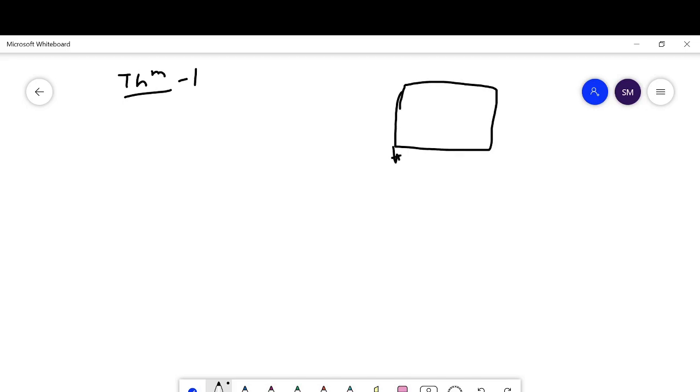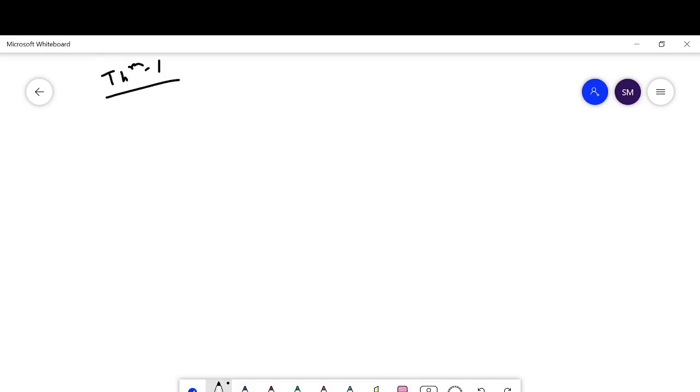Suppose ABCD is a rectangle. Then we have to prove that each angle of this rectangle is a right angle.